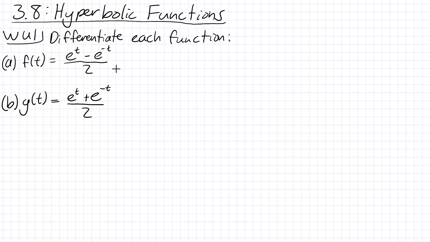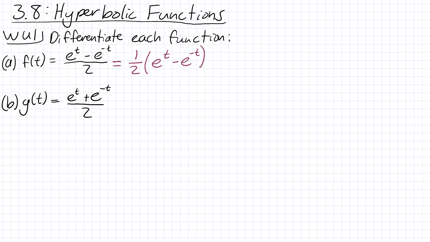differentiate them. Let me give you a big hint before you do that, which is that you can write this as, divided by 2 is the same thing as 1/2 times e to the t minus e to the negative t.